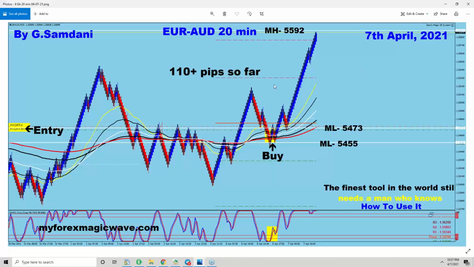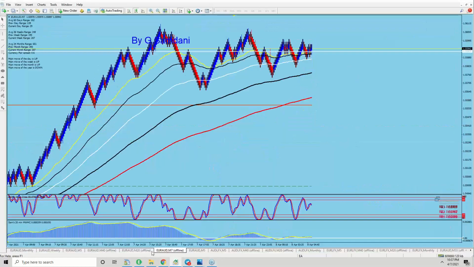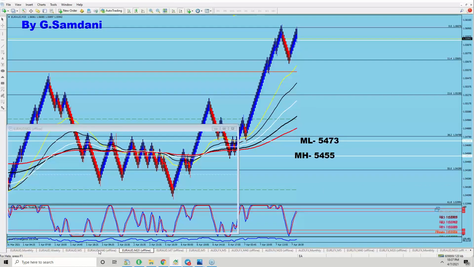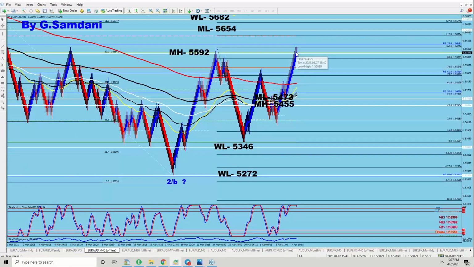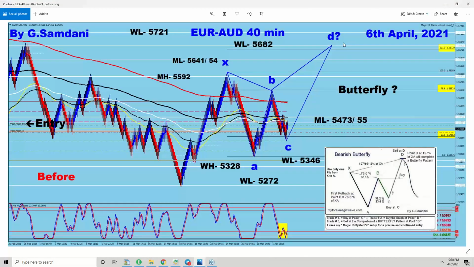So today, I'm expecting that if we stay above 55.92 and start to go up, we will end up at 56.82. That's a big level there. Okay, let's take a look at that. On a 40-minute chart, you can see much clearer. So see 56.44, and 56.82. From here, 100 pip daily range, if it bounces from here again, it will end up somewhere here, and that would be our target for this pattern as well.